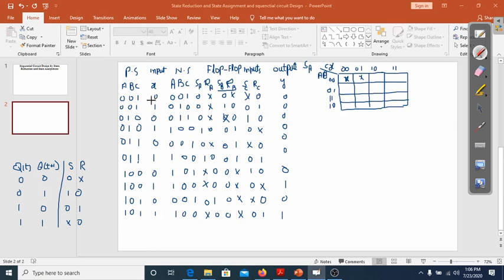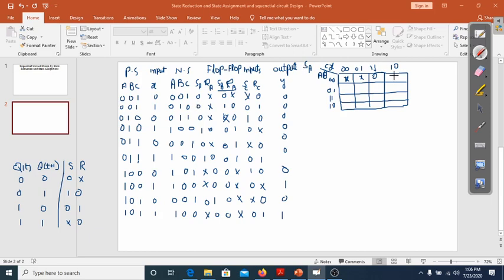Again, for combination 0010, SA is 0. Sorry, there is one glitch over here. This is 10 and this is 111. So 011, SA is 0.